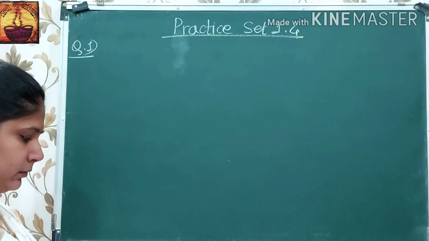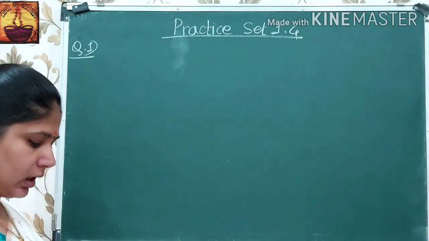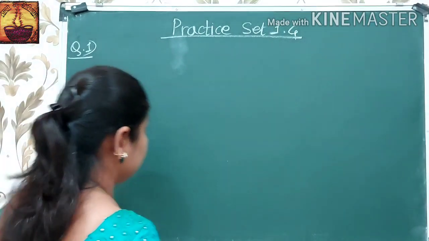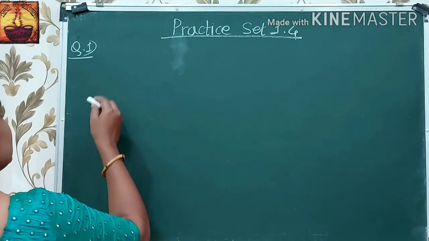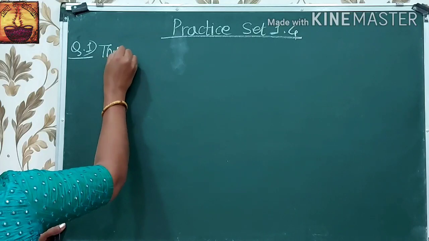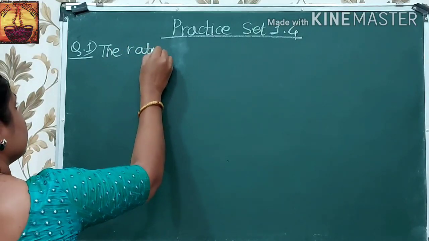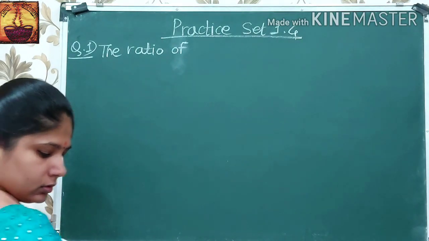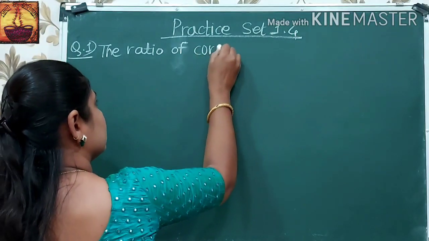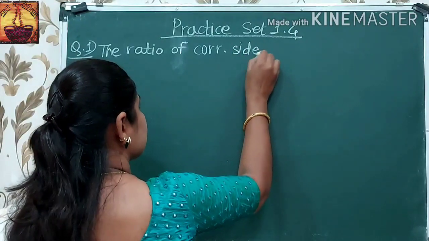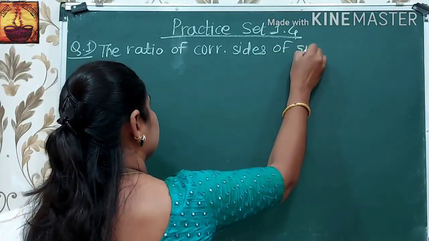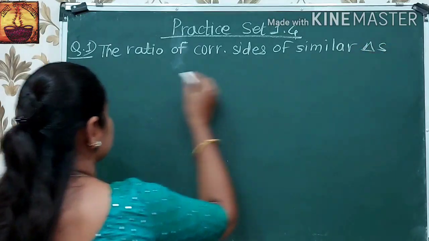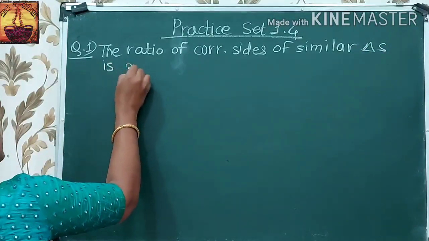We have two similar triangles, and the ratio of their corresponding sides is 3 as to 5.